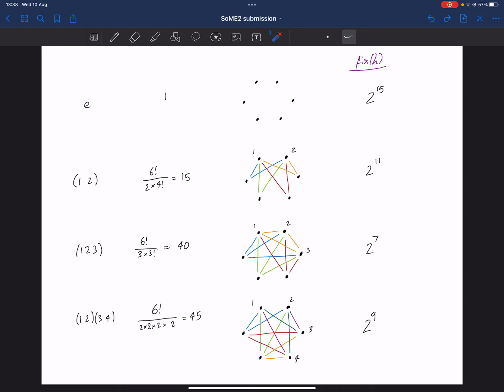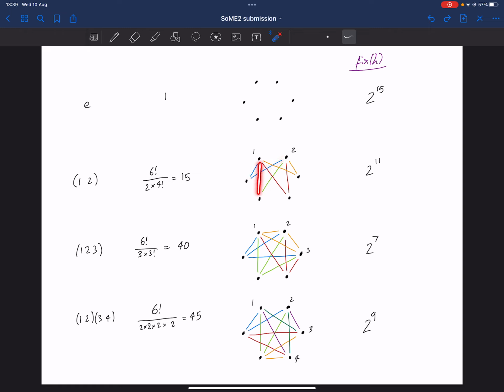So all we need to do now is count the number of choices we need to make. We started with 15 choices, so there are 15 edges in our complete graph. For each of those we need to choose whether to include it or not. But actually we are constrained here, so I'm going to choose whether to include this edge or not, but then I don't make another choice here, I just do exactly the same thing.